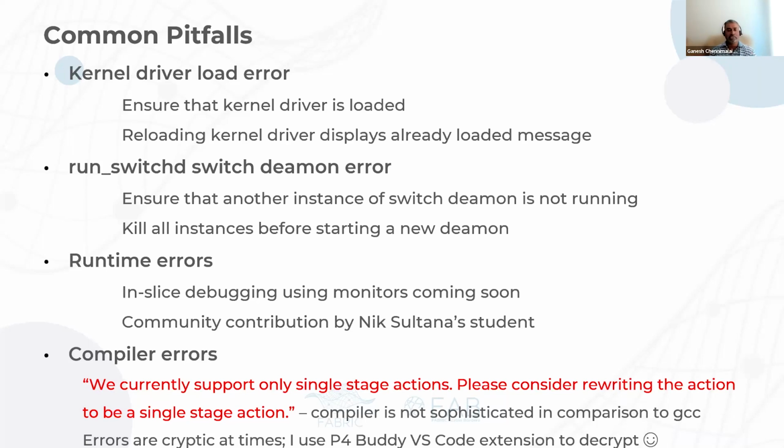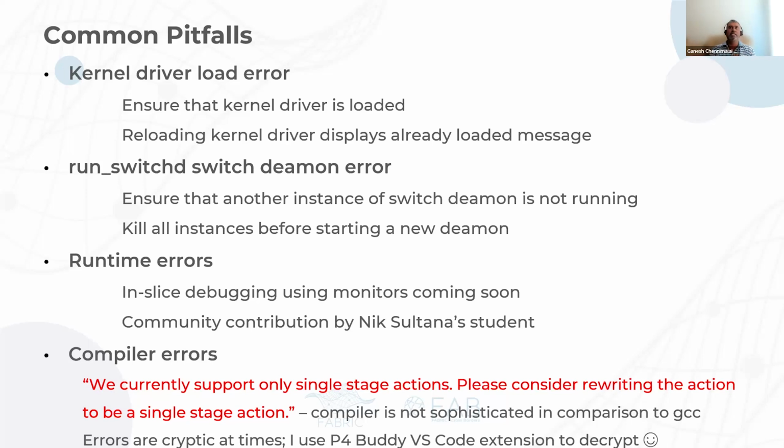This is a community contribution by Professor Nick Sultana's student, and they have built in-slice debugging where you can monitor the packets that are coming out, how many packets are coming out, and whether something that I'm looking for is actually in there.